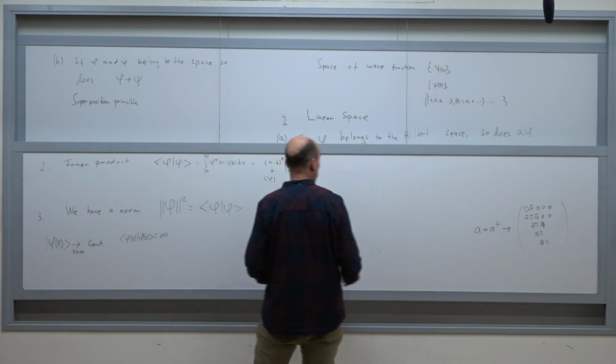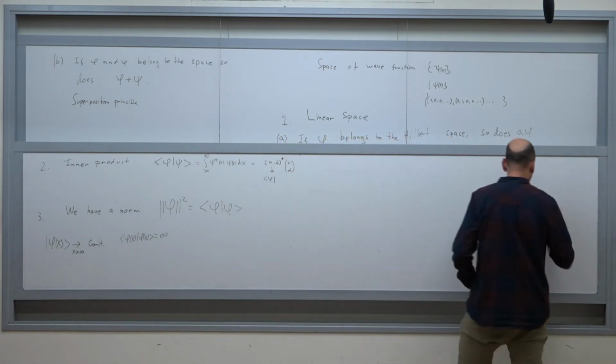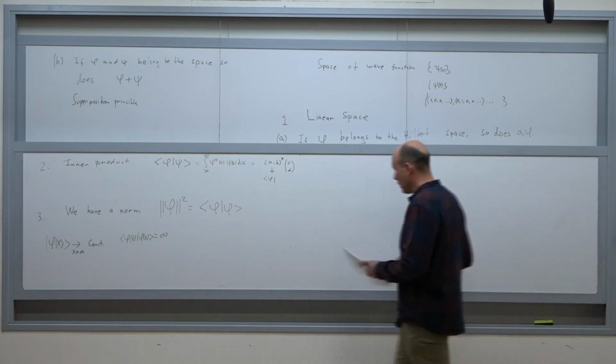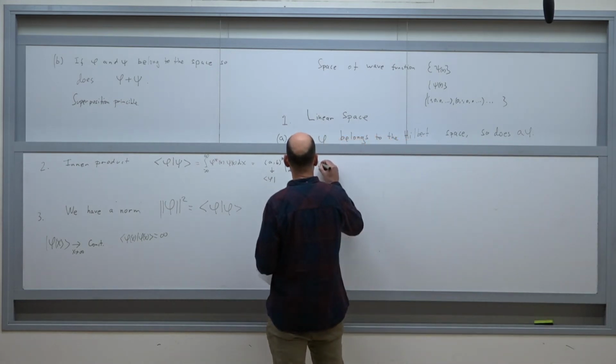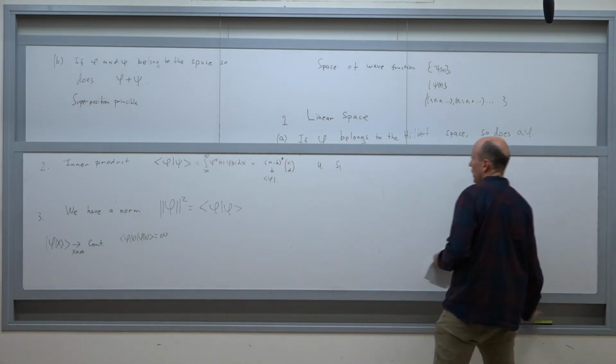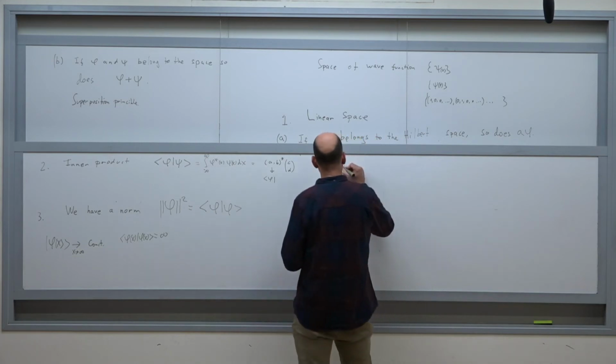Okay, so this is property number 3. We can normalize things. Number 4, we assume that the space is complete.